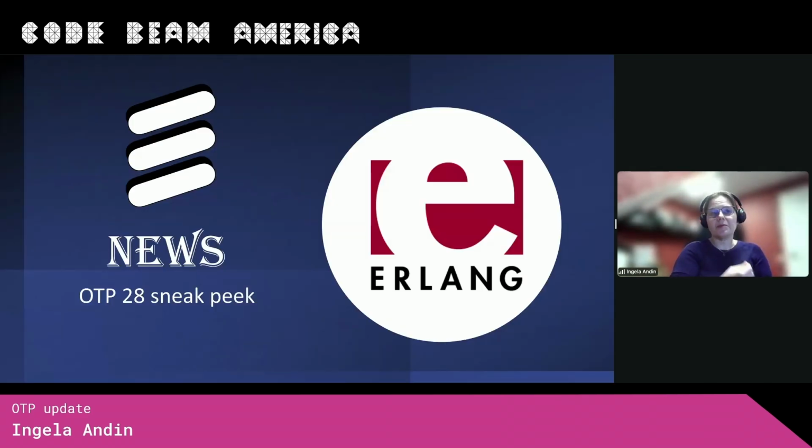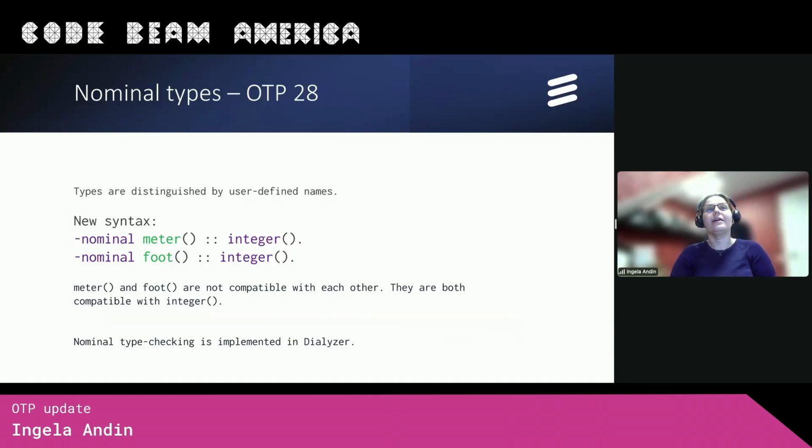So let's move on to OTP 28. In OTP 28, we're going to have something called nominal types. These are types that are distinguished by user-defined names. For instance, we could define the nominal types meter and foot, and they would both be compatible with the built-in type integer, but not compatible with each other.